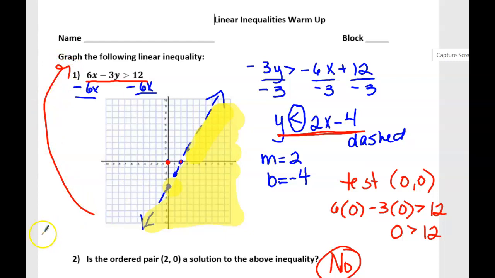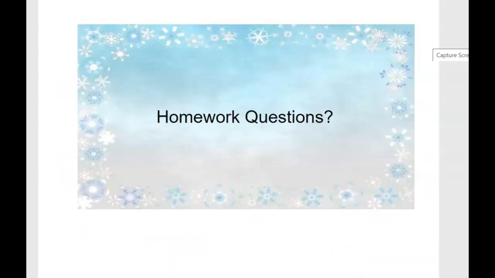Let's do that. 6 times 2 minus 3 times 0, is that greater than 12? So if we do that, we end up with 12 is greater than 12, and it is actually not greater than 12. It's greater than or equal to, but because our inequality symbol is just greater than, that is not a solution.